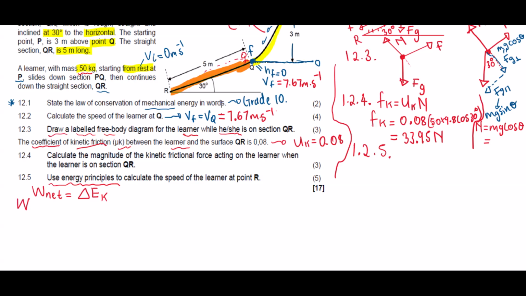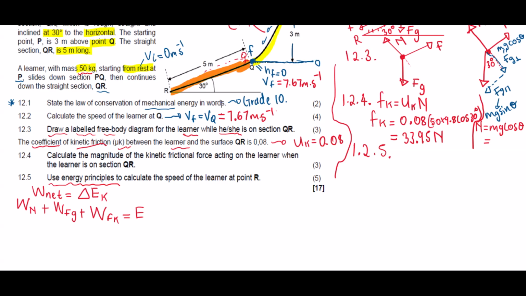We have the normal force, we have the force of gravity, and we also have the work done by the frictional force. So I think it was 3 forces acting.